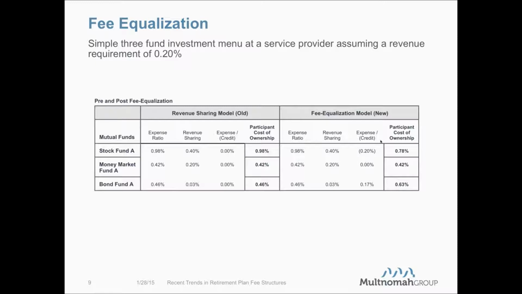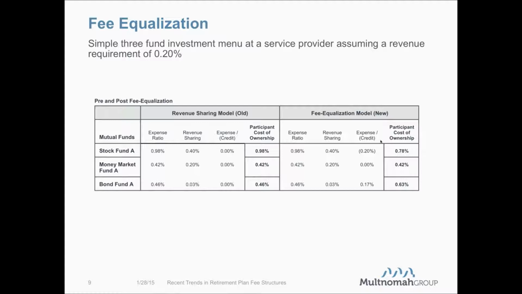So their cost of ownership actually declines from 0.98 to 0.78. However, the bond fund participant who had previously only been paying 0.46% sees an increase, or additional wrap, on their investment product of 0.17, so their actual cost of ownership increases to 0.63%.